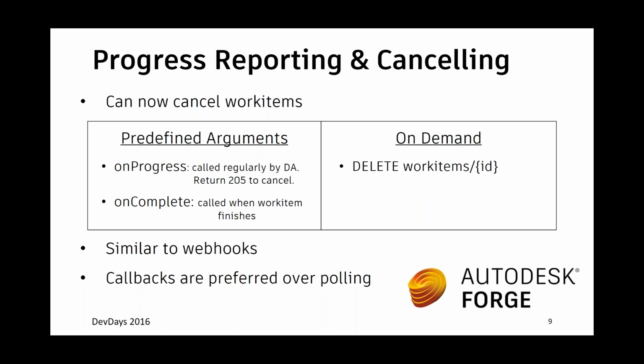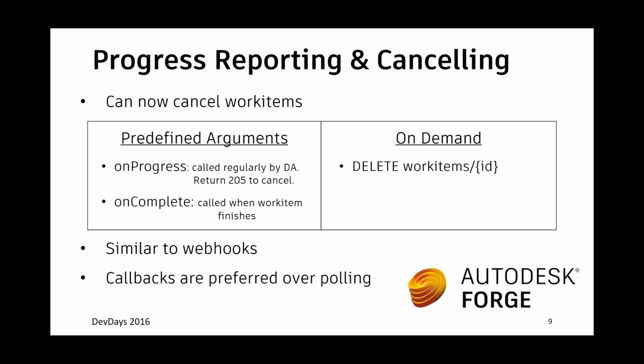So I don't know how many people on this call were at the Forge DevCon this last November in Las Vegas, but they talked about webhooks on Forge. And this is a very similar concept to that, where your plot to PDF activity, you can write in there an extra argument called on progress. And then as you start plotting, we can call a URL every minute or every 30 seconds.